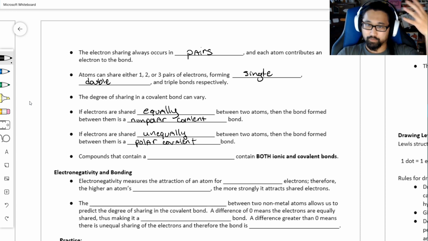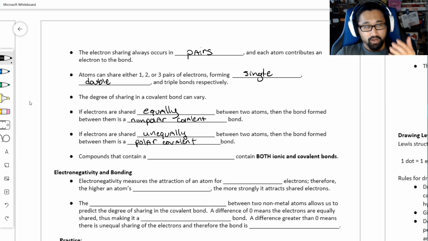polar bears live at the pole. The Earth has a North Pole and a South Pole. Bonds and molecules can have positive poles and negative poles. So if we're talking about these electrons being shared, when they get shared unequally, when the electrons spend more time in one place than another, and these electrons are negative, that means that this side of the compound is negative and this side of the compound is positive.